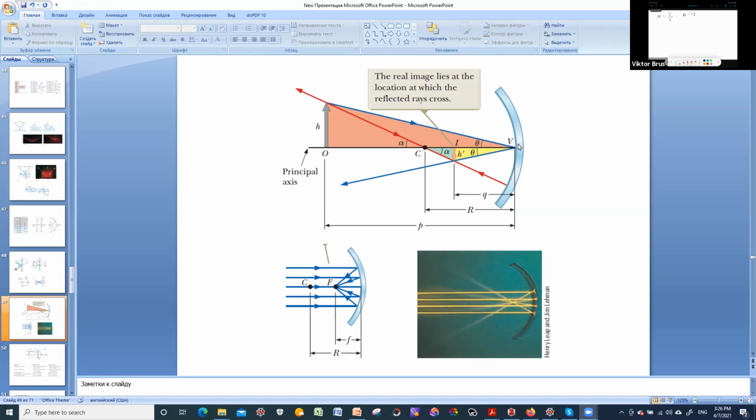If these two parameters are known, we can build the image formed by this spherical mirror.